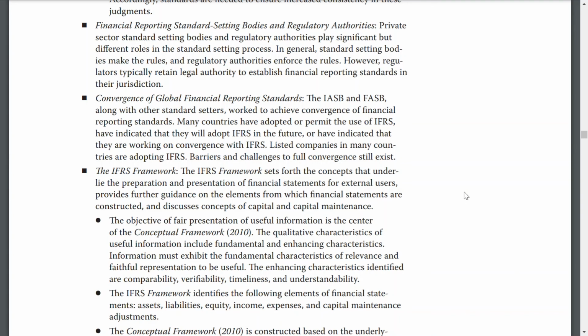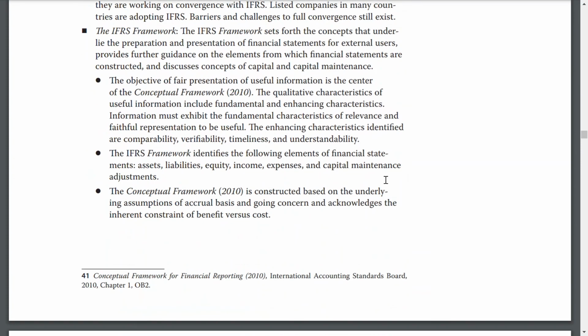The objectives of fair representation and useful information are at the center of the conceptual framework. The qualitative characteristics of useful information include fundamental and enhancing characteristics. Information must exhibit the fundamental characteristics of relevance and faithful representation to be useful. The enhancing characteristics identified are comparability, verifiability, timeliness, and understandability.